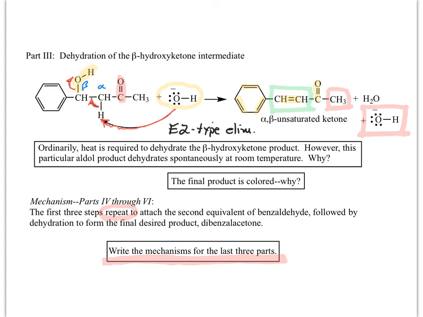Now, thinking about what we just said, the final product, right? We're going to start with liquids that are colorless. So observations are going to be important here. As you're doing your work in lab, you really want to record observations about what things look like. But we're telling you this final product has a color.